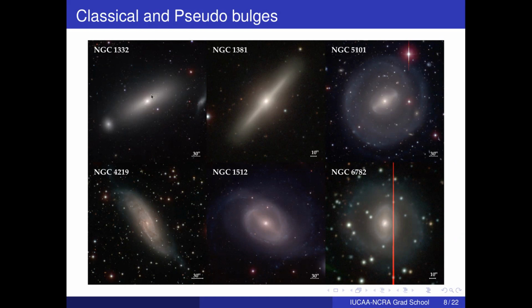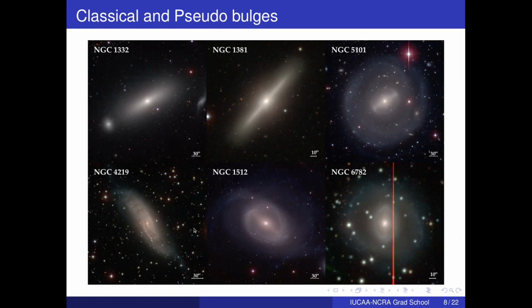There is one kind which we refer to as classical bulges, which are seen in the top three images over here. These classical bulges are actually like little ellipticals sitting at the center of the disk galaxy.